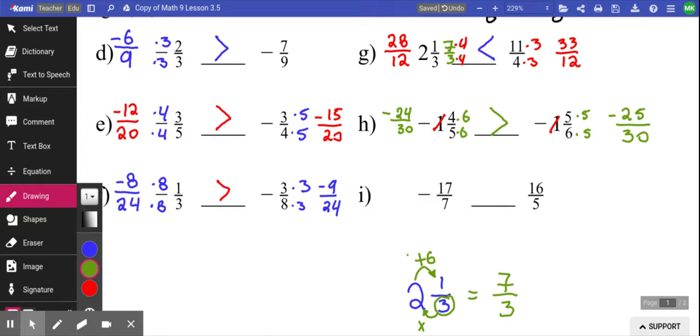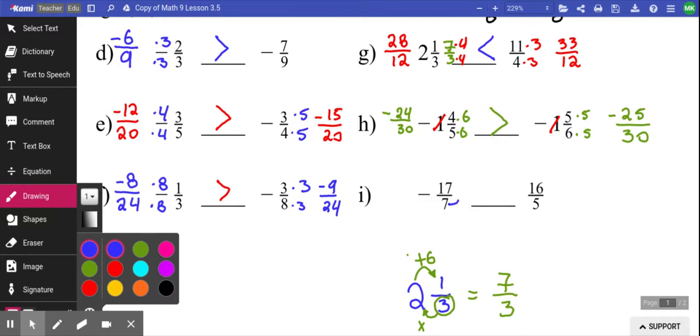If you look at I, you could do the same way we've done all of them, and that would be fantastic. Another way you could do I is by realizing what their decimal values would be, just approximate. So for instance, how many times does the number 7 divide into 17? 7, 14, and then 21.